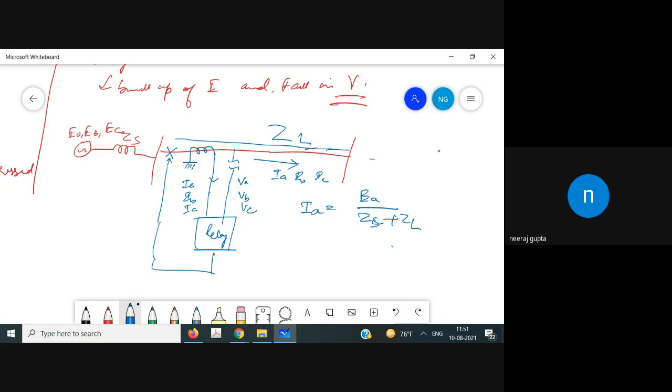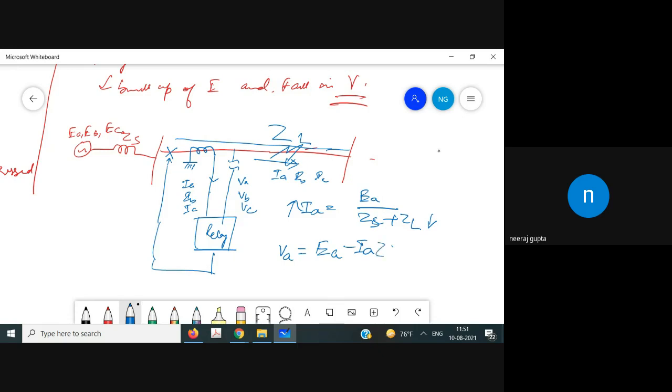Now, let us suppose that a fault occurs in the system. Then there is a decrease in ZL, and as a result, the current IA will increase. The voltage VA is given by EA minus IA ZS.